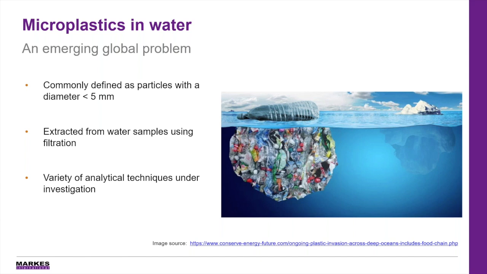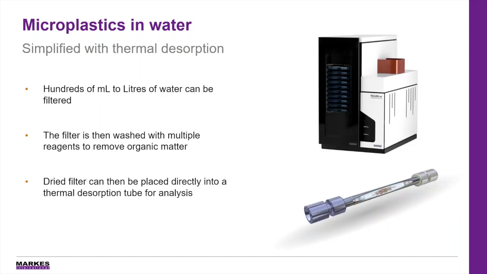Now, a microplastic is commonly defined as a particle with a diameter of less than 5 millimeters, and it can be extracted from water samples using filtration. Now, there is a variety of analytical techniques under investigation at the moment, and one of them is thermal desorption.